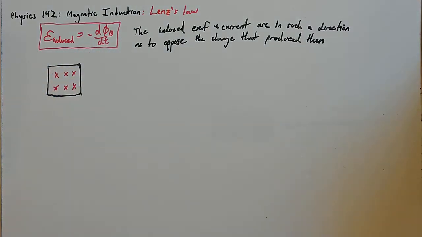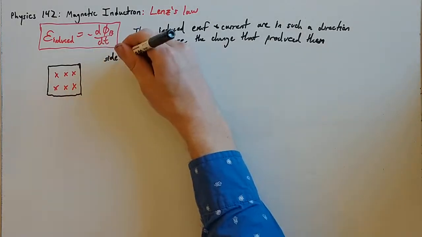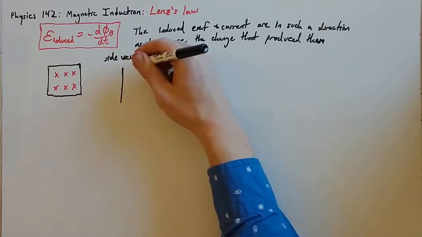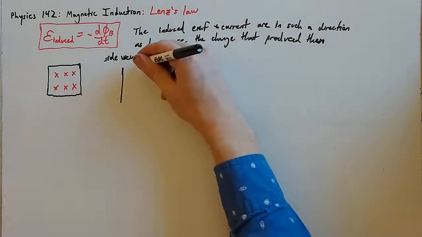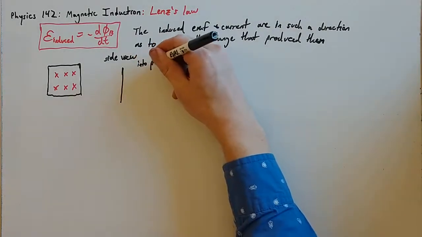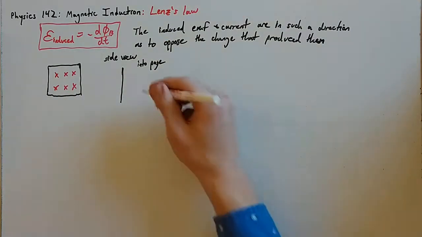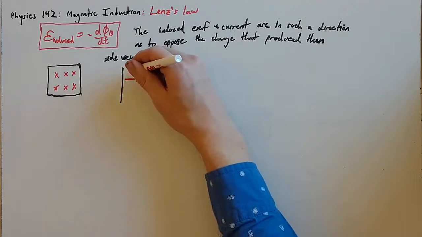If I was to take a side view, we'll have this side over here to my right be the into-the-page side. Then that means that we have some magnetic field going through this way.